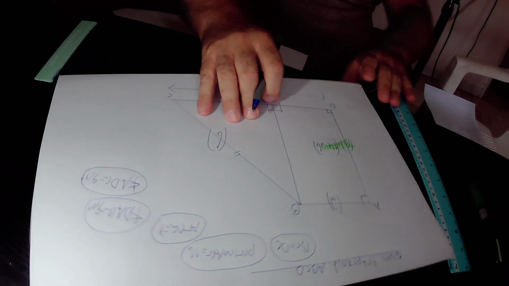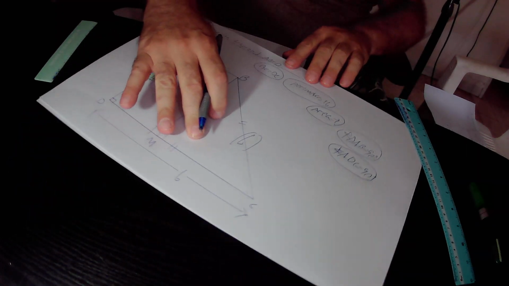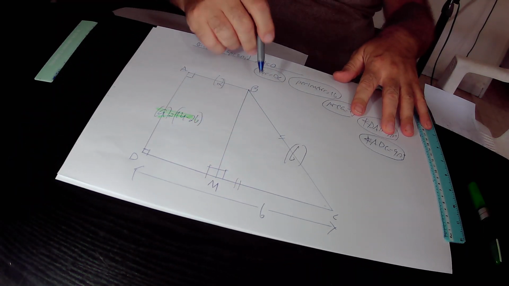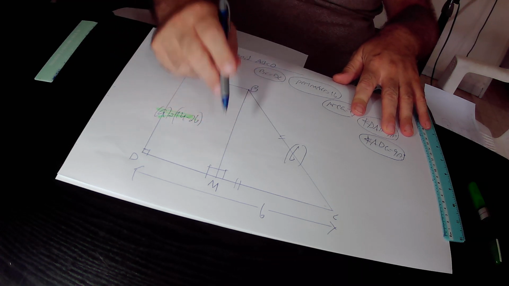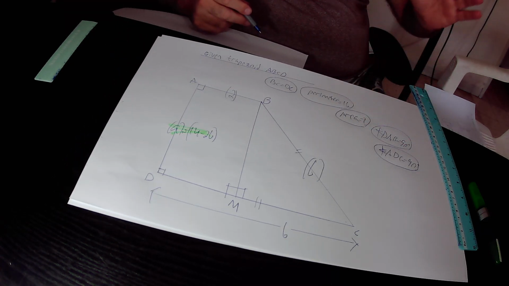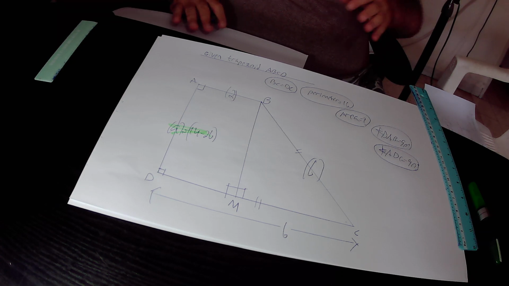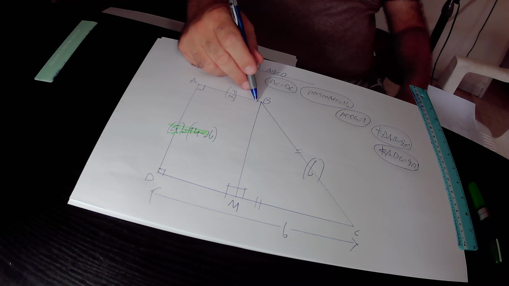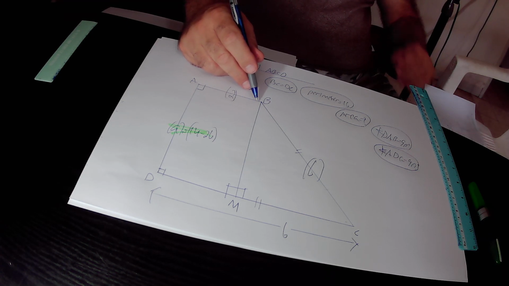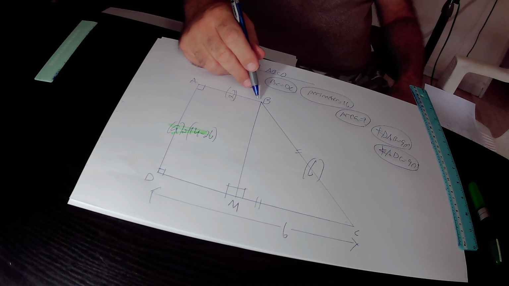By doing this construction, we get the quadrilateral ABMD. Inside this quadrilateral ABMD, we have 3 right angles. The sum of 3 right angles is 270 degrees, so 270 degrees plus the size of the fourth angle must be equal to 360 degrees, according to the rule that the sum of the angles in any quadrilateral is 360 degrees.